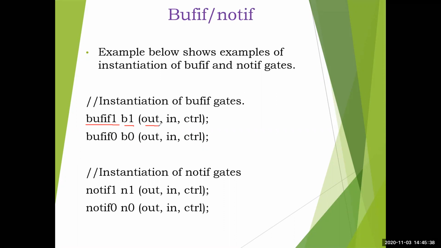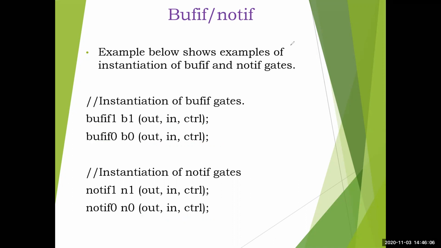Here the output is written first, and then the last two are the input and control: out, in, control. Bufif0 is the same way: out, in, control. Similarly, notif1: out, in, control; notif0: out, in, control. This is about the bufif and notif gates in the buff and not gate classification.